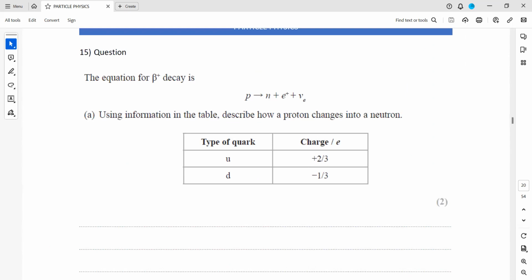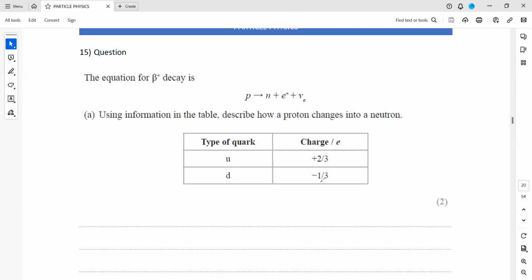In question 15A, using the information in the table, describe how a proton changes to a neutron, and the composition is given.